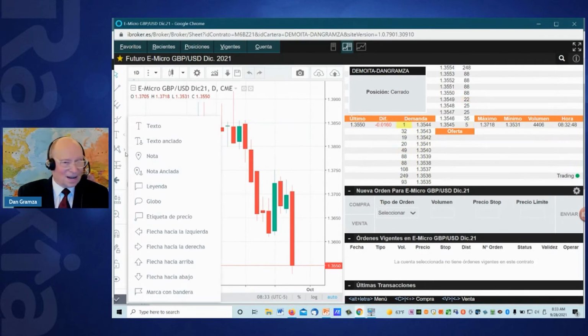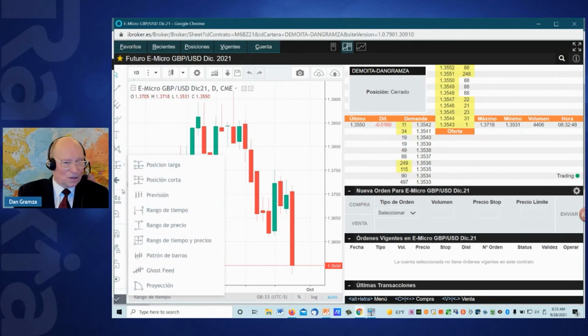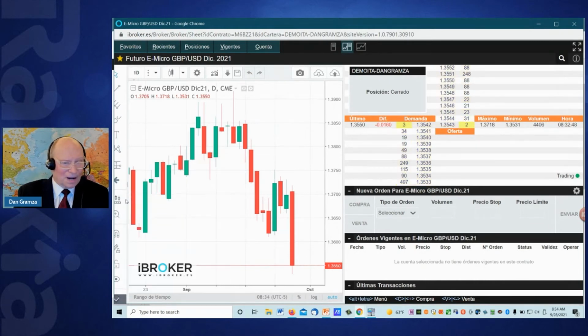We can look at text. We can add a way to identify different characteristics of price action. And same thing here, we can look at different position sizes. So we have a whole variety of choices. That's what I wanted to point out to you on the side.